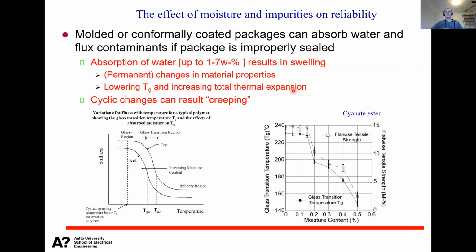So basically the structure of all these organic materials is loose. It means that these small water molecules can diffuse and dissolve inside the polymers. And then when you have moisture inside the polymer, the physical properties, and of course also the chemical properties, but especially the physical properties of the polymer are changed.